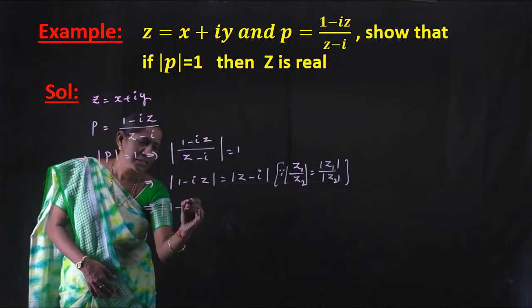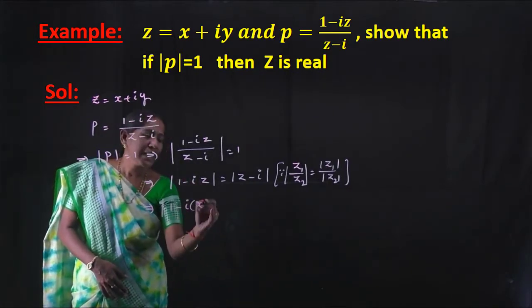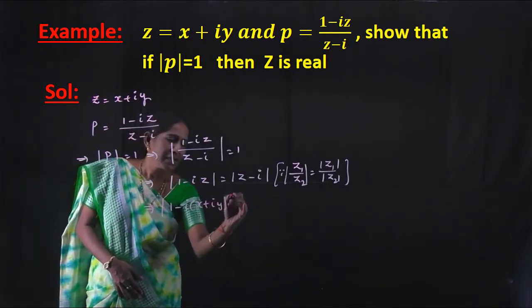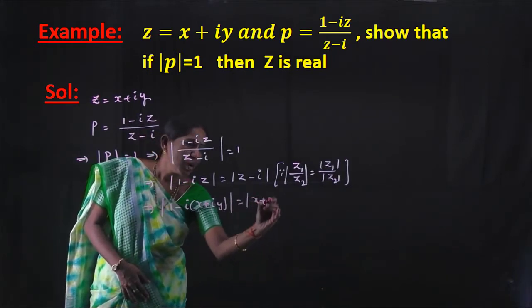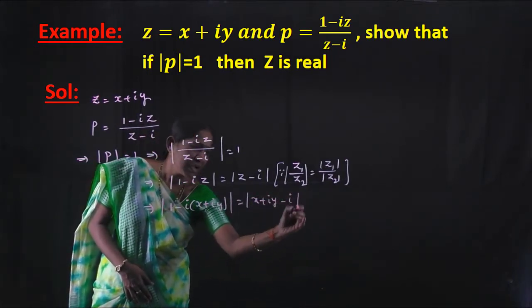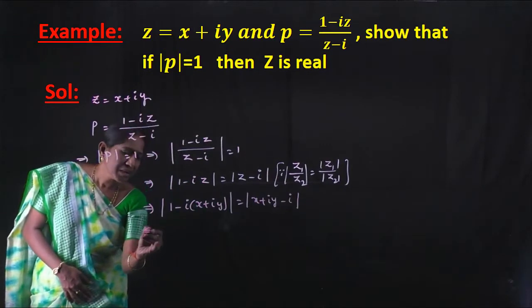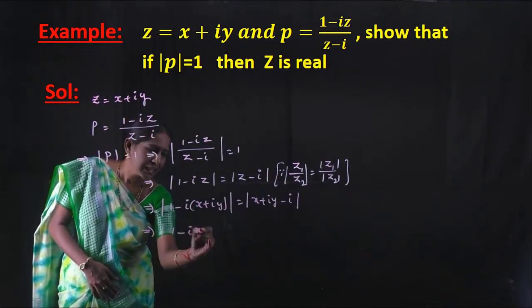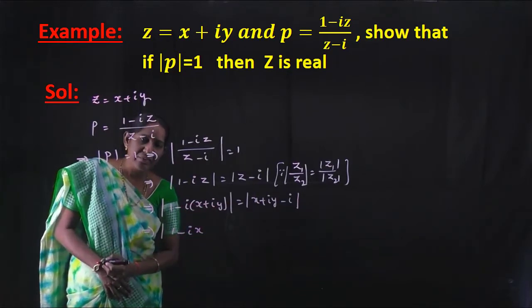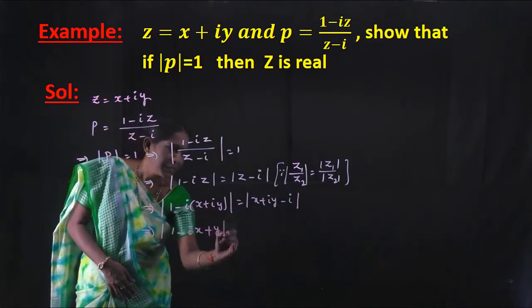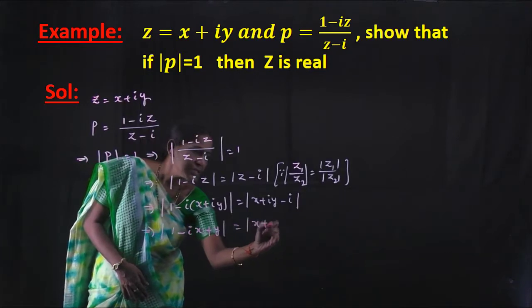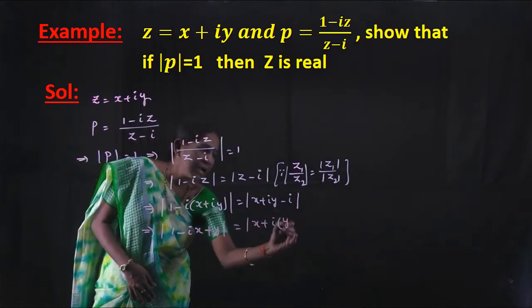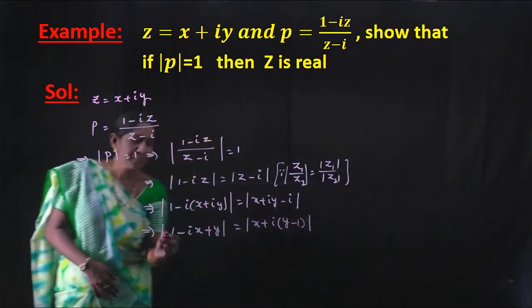So modulus of 1 minus i into (x plus iy), that is equal to modulus of x plus iy minus i. So from this implies modulus of 1 minus ix minus i square y, that is plus y, is equal to modulus of x plus i into (y minus 1).